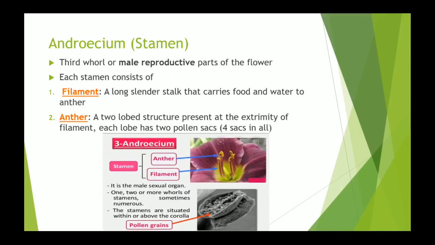Each lobe has two sac-like structures, so overall it has 4 sacs. In all the sacs there is a powdery substance called pollen grains. When the pollen sacs mature, they release pollen grains.